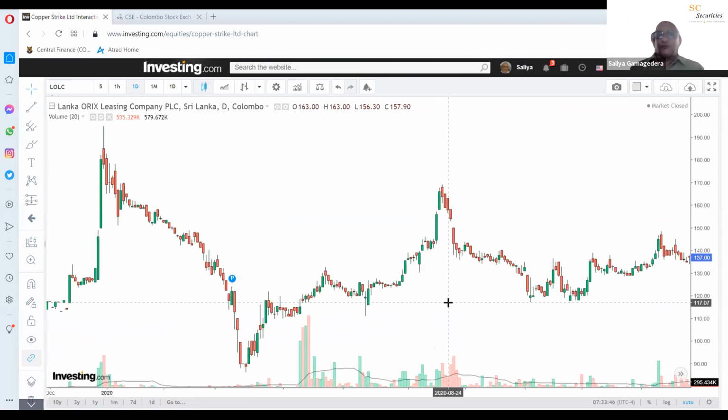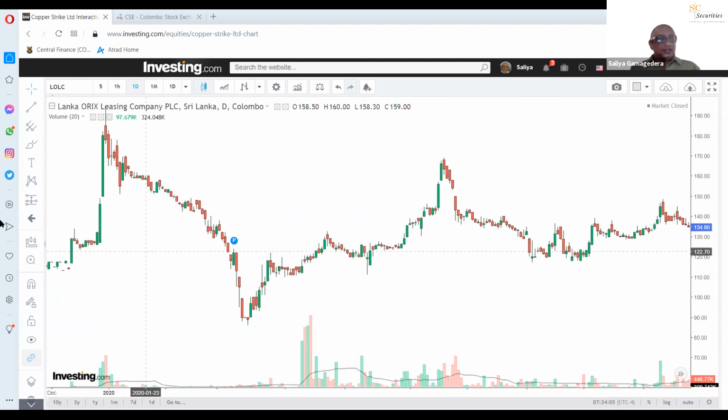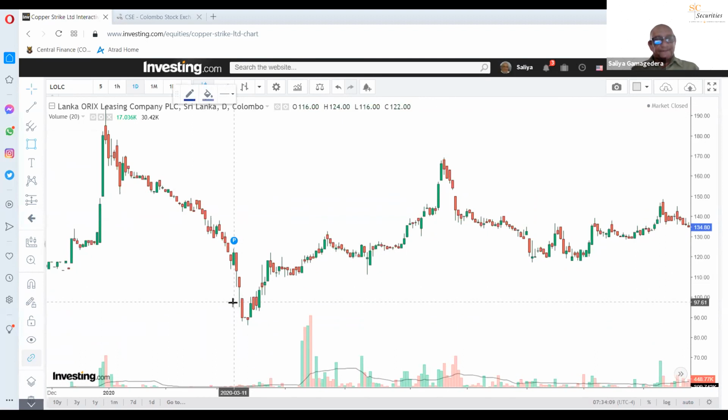Let's start from the beginning of the post-COVID market, after that massive lockdown from March onwards. We started on the 11th of May, and this is where it is. If I use these tools to highlight that area, this is where we were.